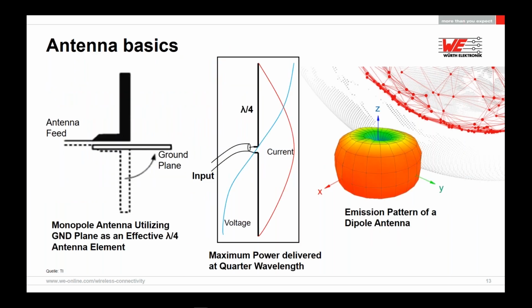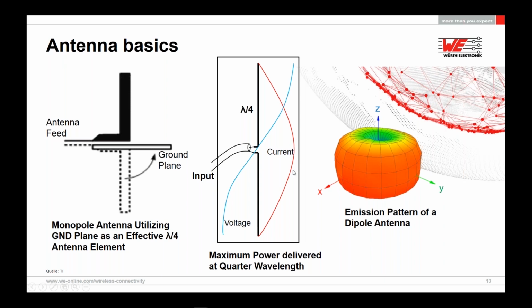Let's have a look at the next topic, which I have here: antenna basics. Now this is very, very important because only through a good antenna can I get my stream of ones and zeros into the free space or ether, and the better the antenna, the better my results. Right, what do I need for a good antenna? I need an antenna which delivers maximum power, and this only occurs with a so-called resonant frequency.